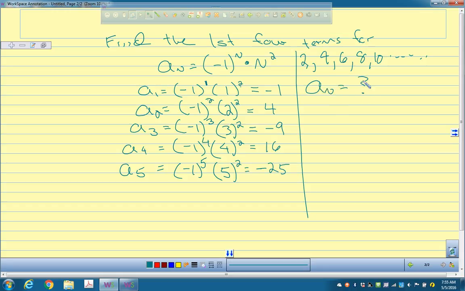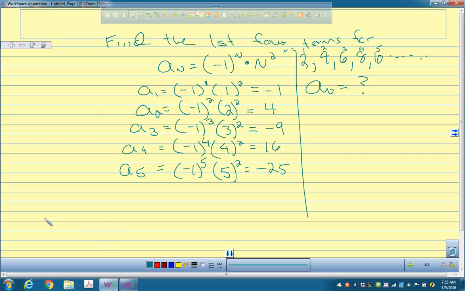So what if I were going backwards and I have a pattern and I want to know what the formula is? Anyone know what? So this is n equals 1, 2, 3, 4, 5.